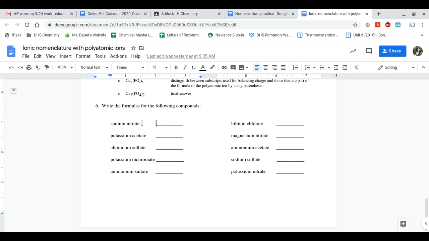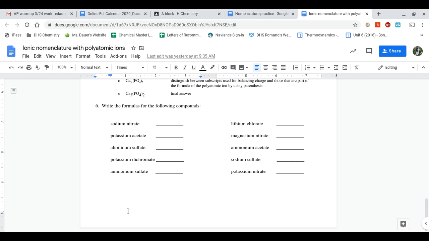While you're doing this, it would be fabulous if you have memorized your polyatomic ions, but feel free to have your polyatomic ion sheet to pull those polyatomic ions off of. So if you're saying, well, sodium is Na+ and nitrate is NO3-, because we have a positive one and a negative one, they cancel out just by having 1 atom of each. So that's why our formula is just NaNO3.